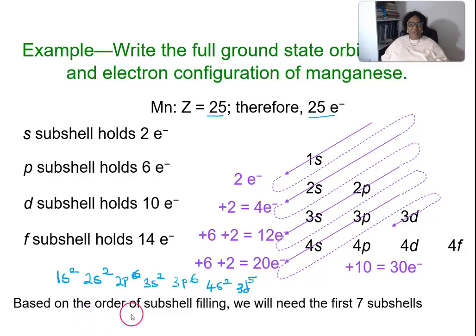So based on the order of subshell filling, we will need the first 7 subshells: 1, 2, 3, 4, 5, 6, 7.